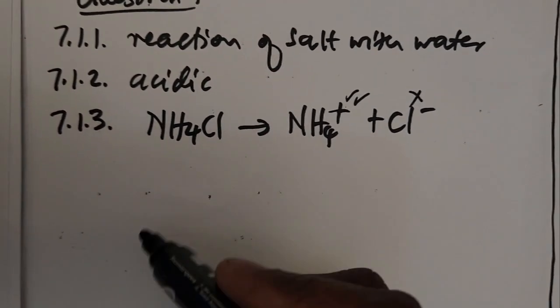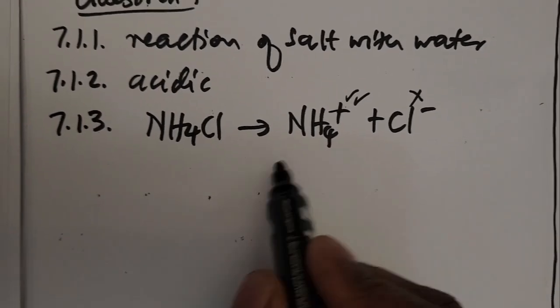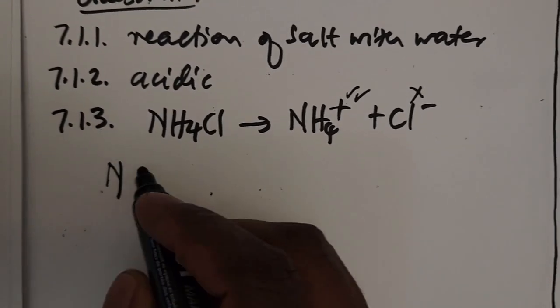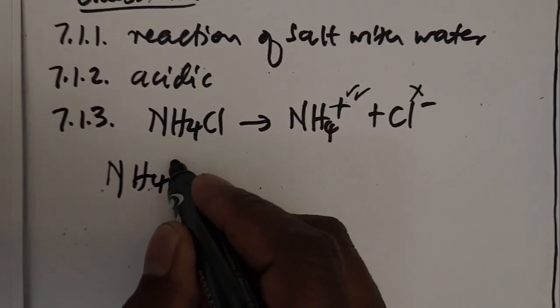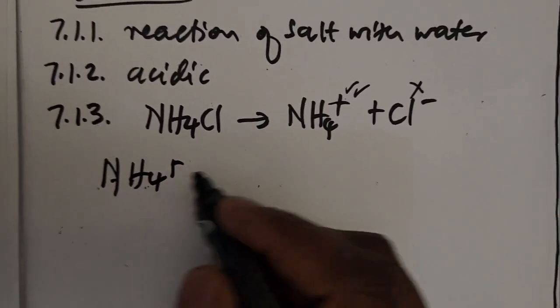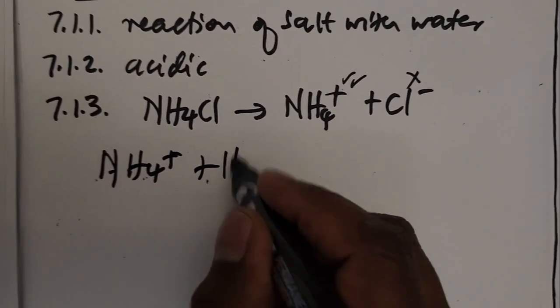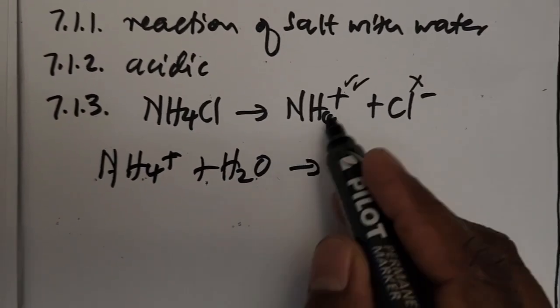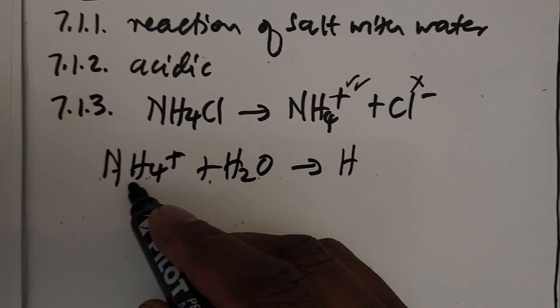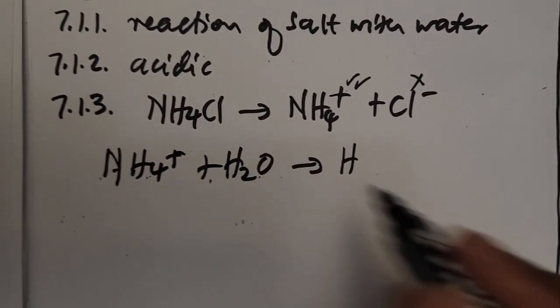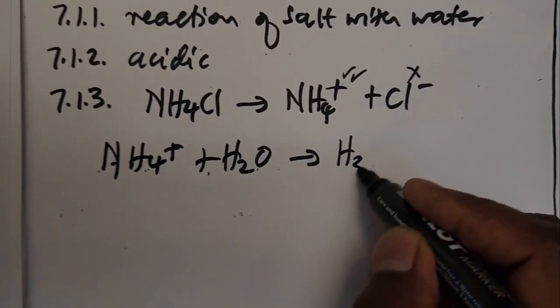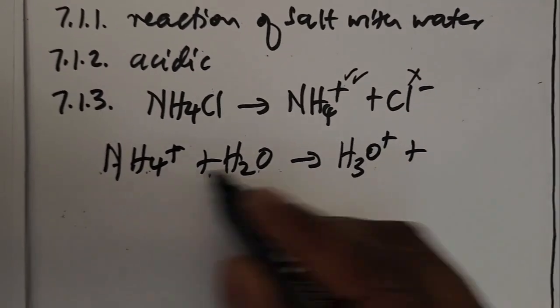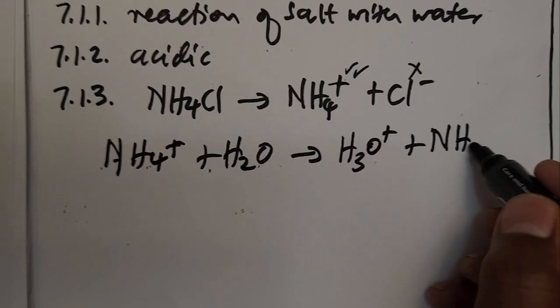So in this case, the ammonium ion will undergo hydrolysis, because remember this one is a conjugate acid. It reacts with water to form hydronium ion. If it's an acid, it has to donate the hydrogen to water, then water will form hydronium ion, and this one will remain as NH3.